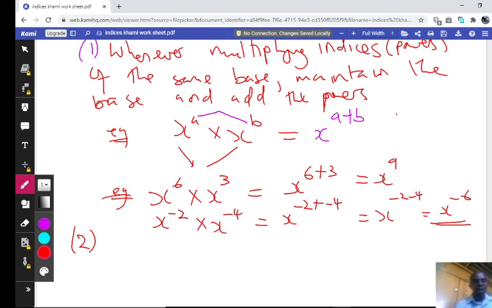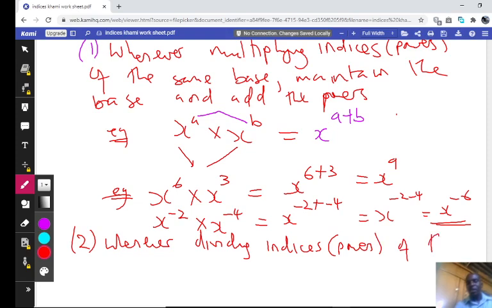Let me write it down. Whenever dividing indices, these are powers of the same base, maintain the base and subtract the powers.